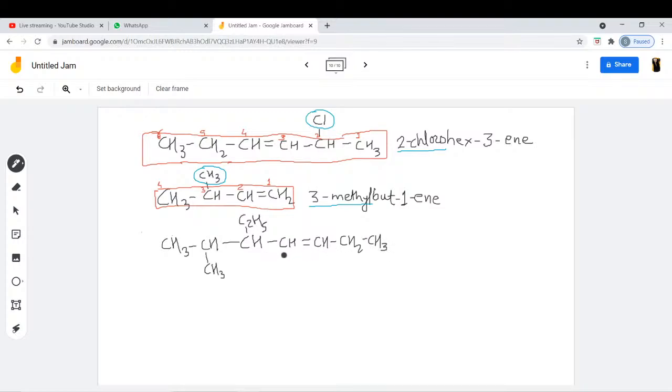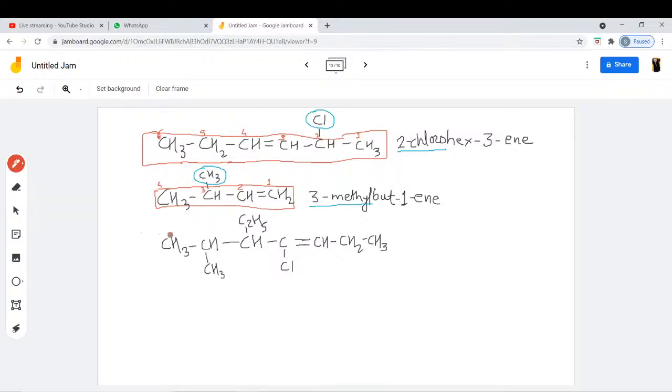If here there is one chlorine, and here this is a double bond, what will be its name? So 1 2 3 carbon, here double bond, here 1 2 3 4 carbon, double bond. So the numbering starts from here, from the right hand side.